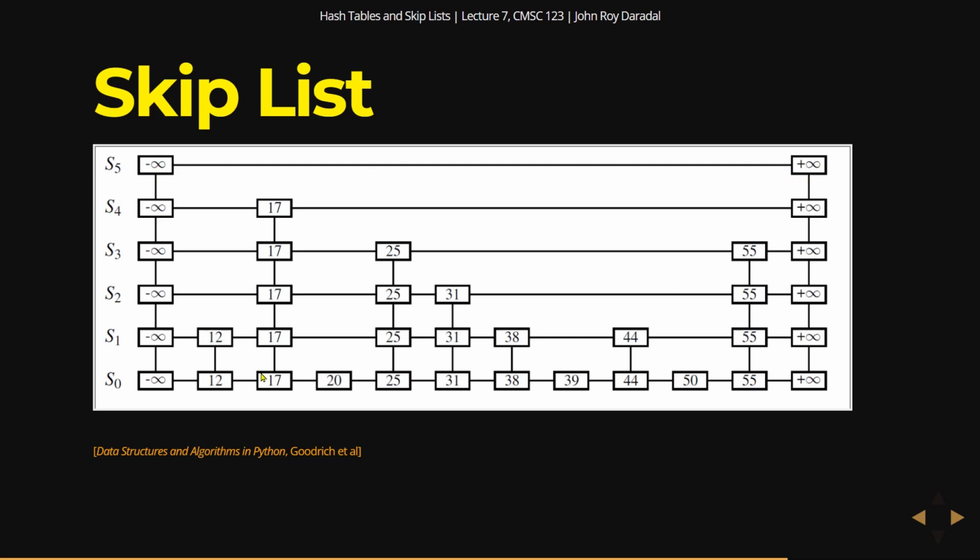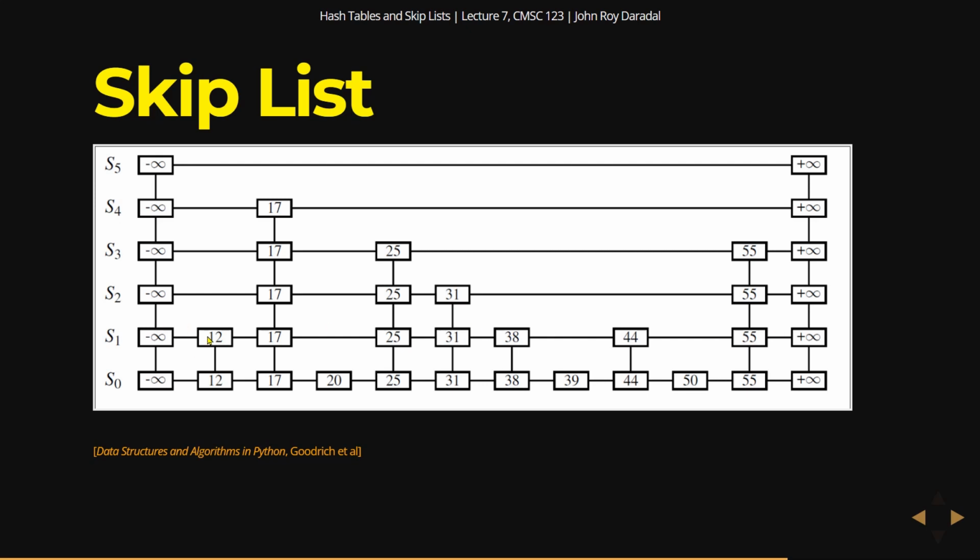And then as you go up to each list, some nodes are replicated, some are not. For example, from list S0 to list S1, 12 and 17 are there, but 20 was not replicated anymore. Same with 39 and 50, they were not replicated. But the rest were: 25, 31, 38, and so on.